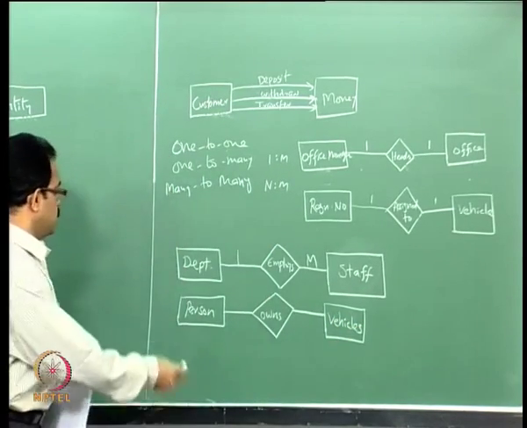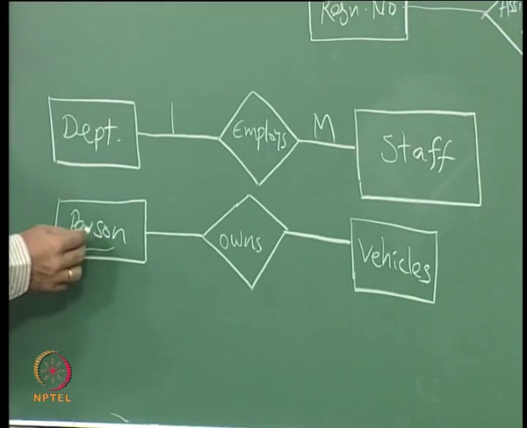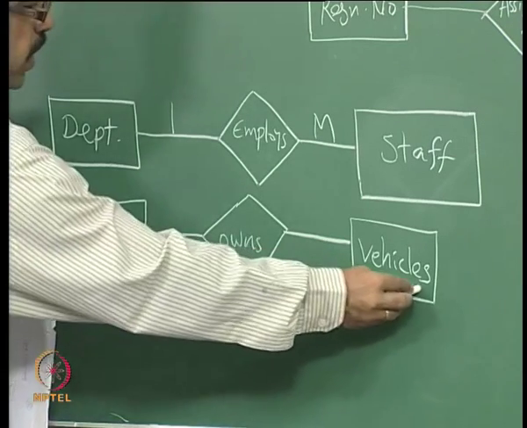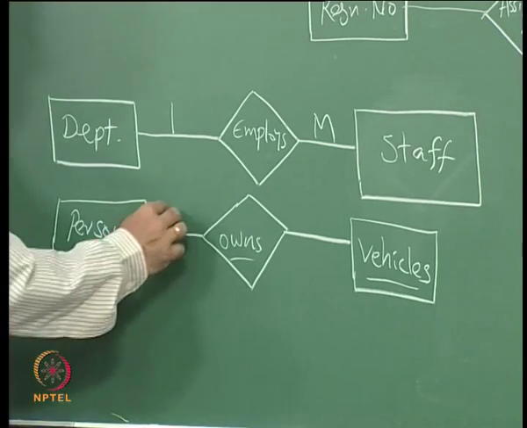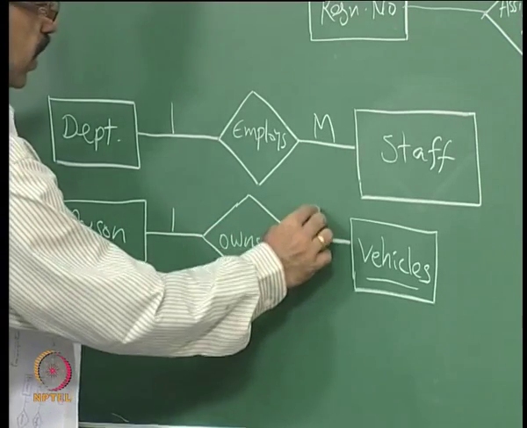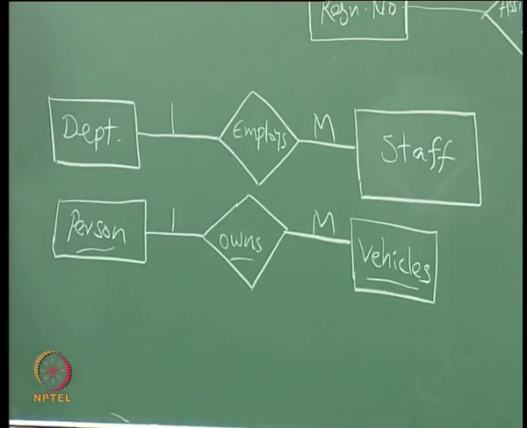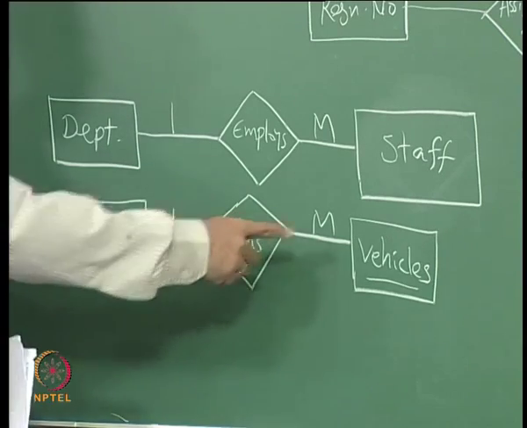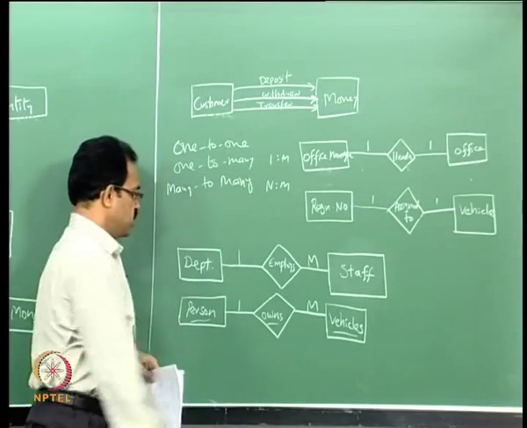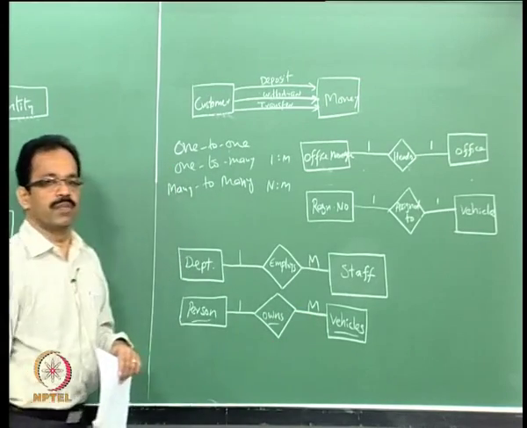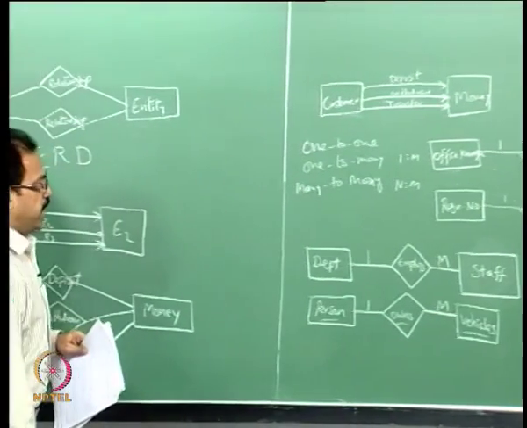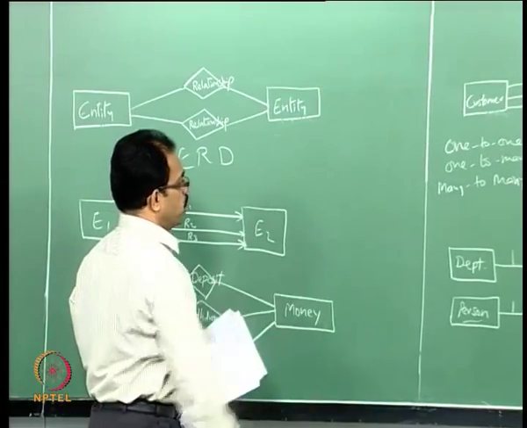You can have person as an entity, owns as a relationship, and vehicles as the other entity. Here again the relationship is that one person can own many vehicles. If it is only one vehicle, then it will be one person owns one vehicle, but in this case one person can own many vehicles. So, the relationship will be a 1 to m relationship in the entity relationship diagram.